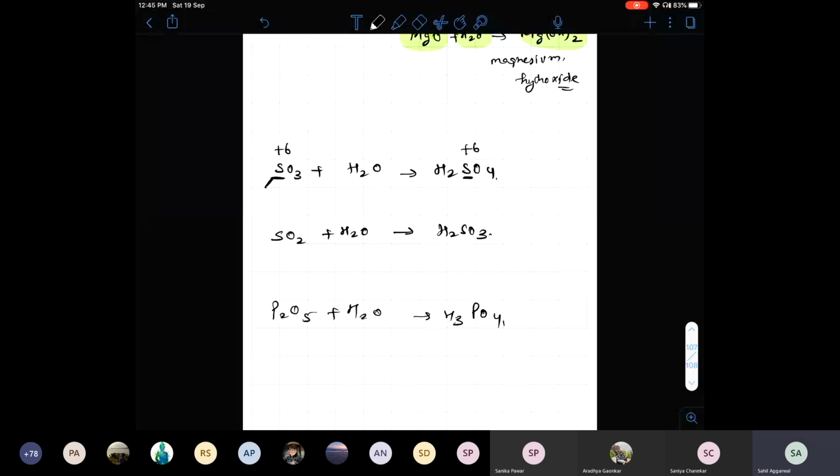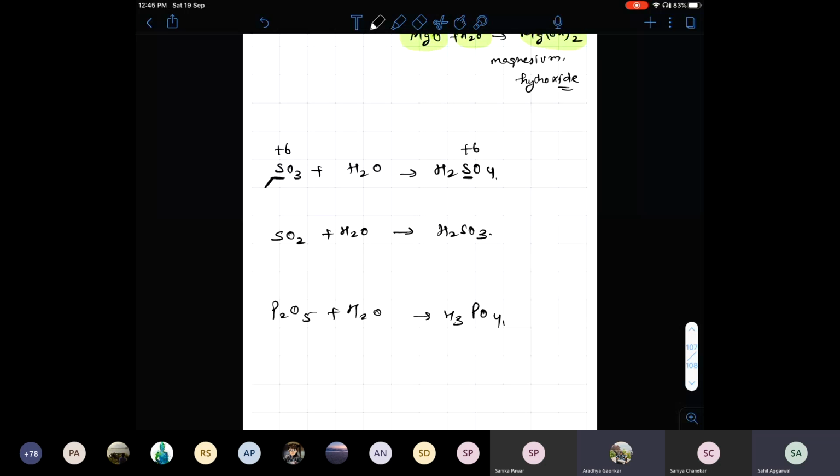Any doubt? Any doubt? On adding water, oxidation state remains same. Who said +4?